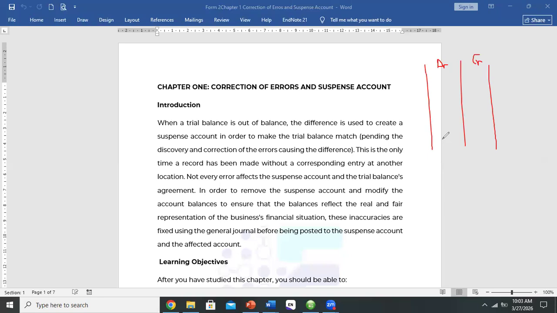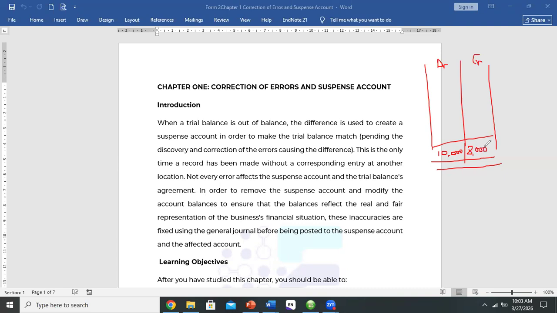If at the end of the day you total the columns and you get 10,000 on the debit side, but on the credit side you had 8,000, then it means there's a problem because your trial balance is supposed to balance.